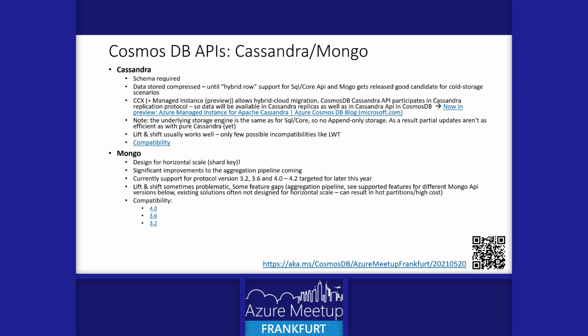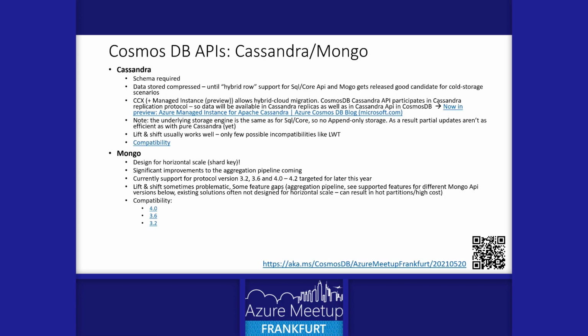On the other hand, it also allows you to do things that can, for physical reasons, never scale well. So it's very easy to shoot yourself in the foot, similar to relational databases with SQL. Cassandra is much more constrained in the surface area, and so even lift and shift scenarios usually work pretty well because the scenarios often translate very well to what CosmosDB under the hood supports as well.